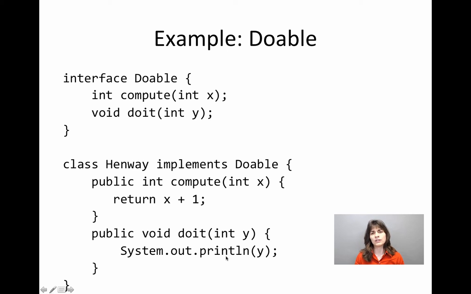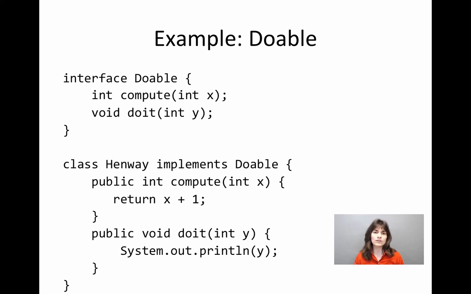Now, it is not unusual to see a class implement an interface, and although it gives an actual body to each of the methods specified in the interface, it leaves empty the body of maybe a couple of methods. For instance, public void doIt, we could open curly brace and then close curly brace without writing anything else between the curly braces.